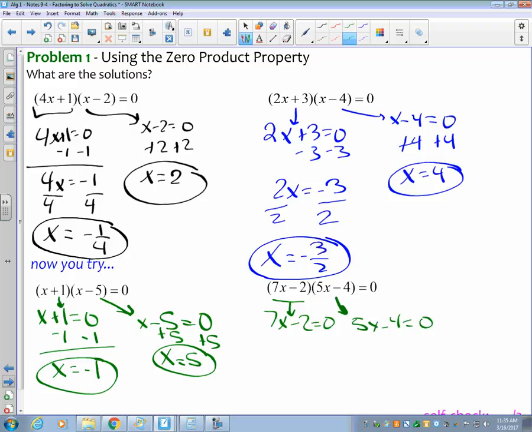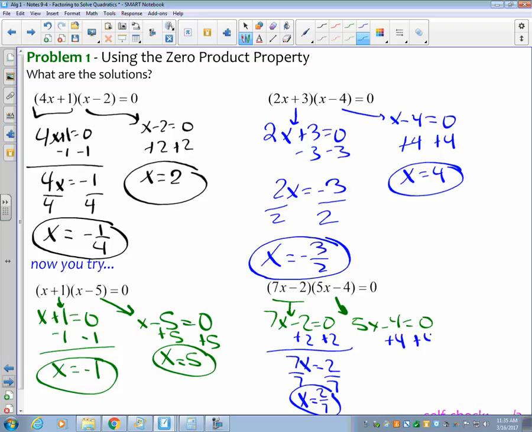Okay, so for the Now You Tries, we split it into its two different problems. Going to add 2 to both sides for this one, and divide by 7. x equals 2/7 is one of our answers, and we are not afraid of fractions.